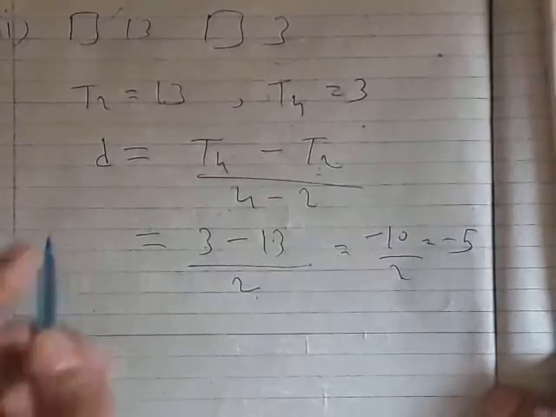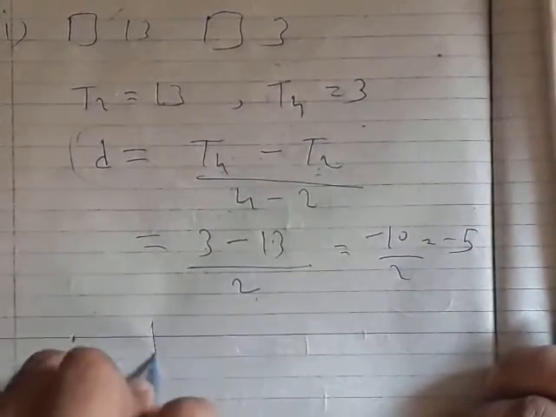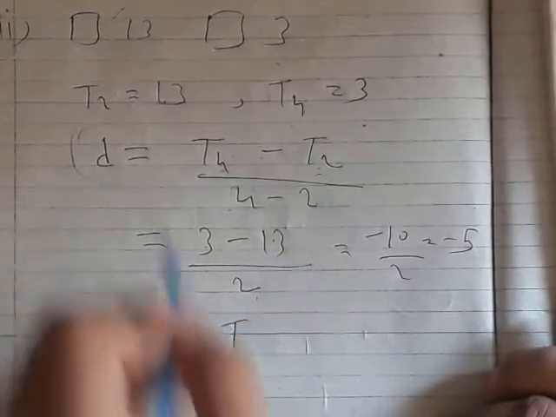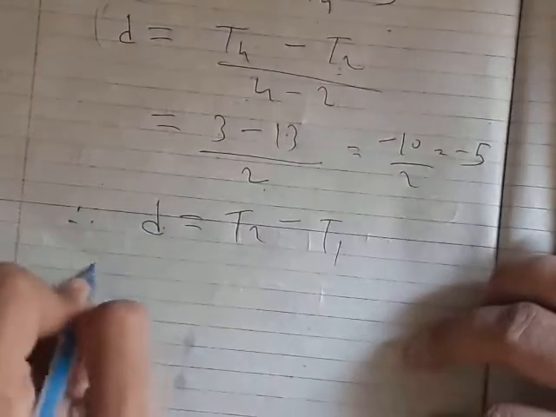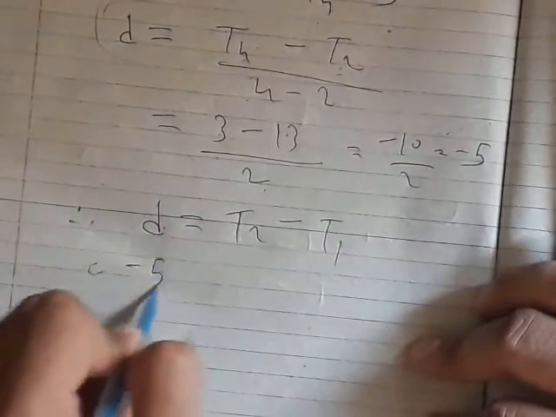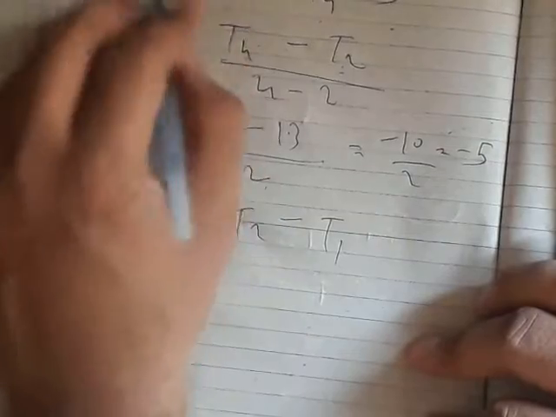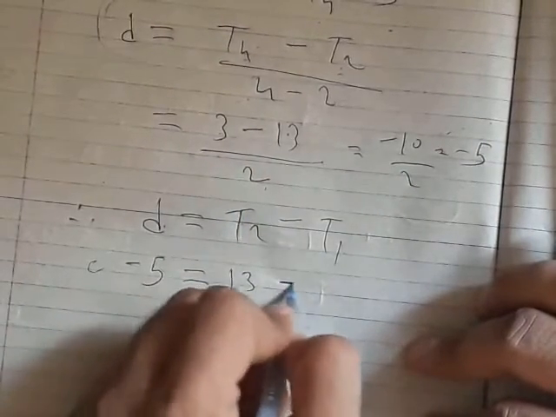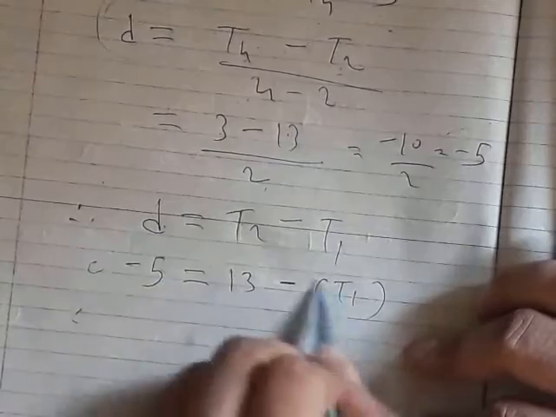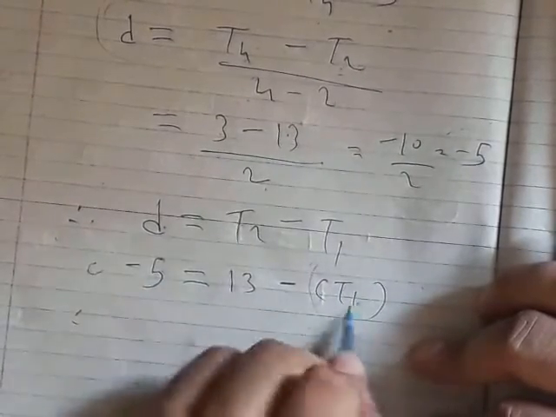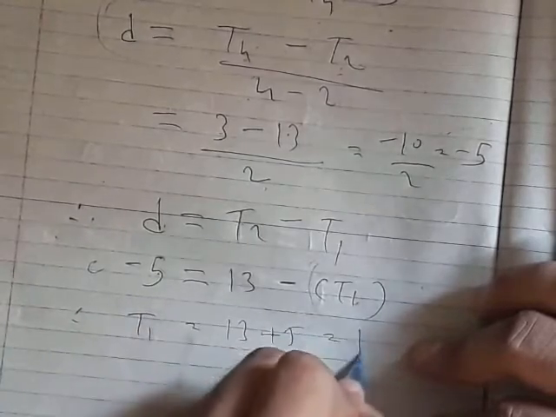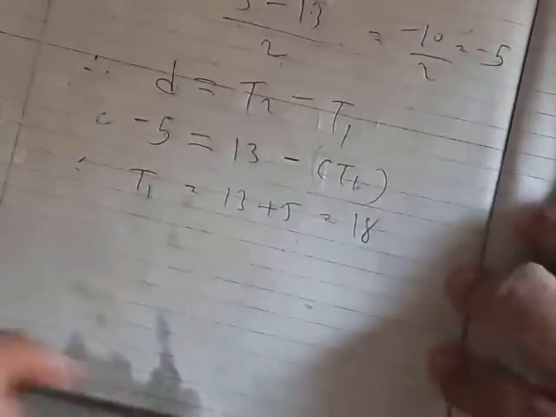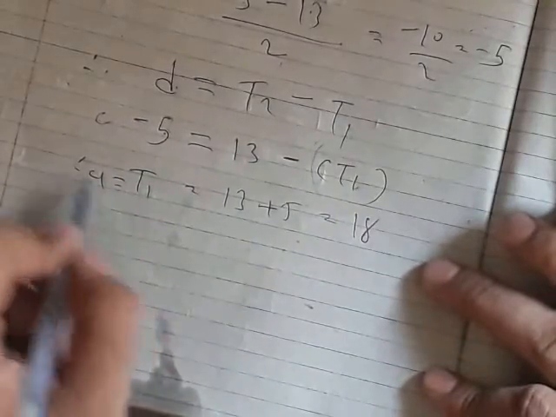Now we can use the same formula here, that d is equal to t2 minus t1. d is minus 5, t2 means second term is 13 minus t1. Now to find this t1, take this t1 here and 5 here. Minus t1 becomes plus t1 and minus 5 becomes plus 5. So 13 plus 5 becomes 18. So t1 is nothing but a. Okay, so we find the value of a as 18.